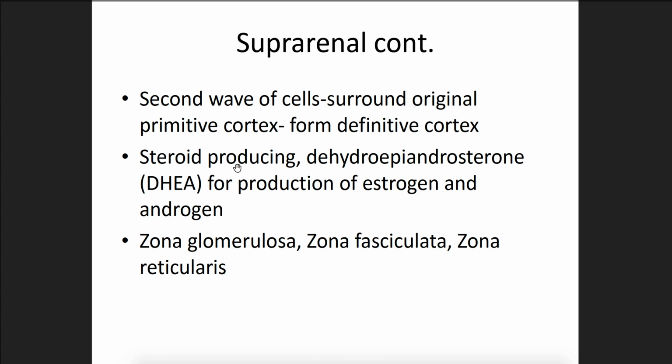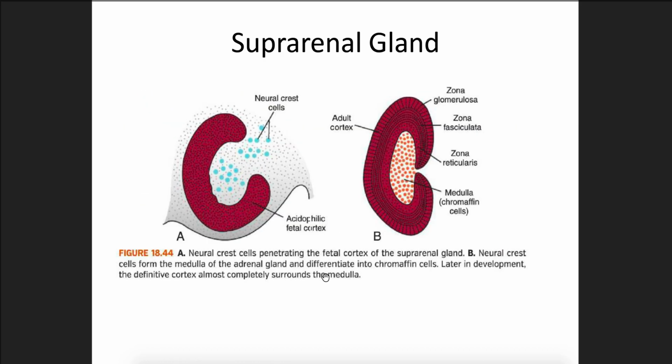They'll be steroid producing and they'll produce dehydroepiandrosterone, which is DHEA, for production of estrogen and androgen. And the definitive cortex from without inward will have three zones: zona glomerulosa, zona fasciculata, and zona reticularis that you see here.